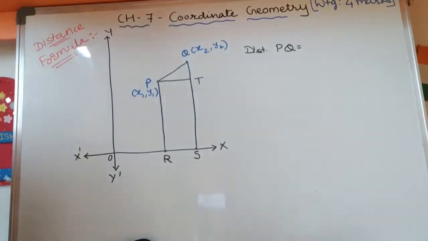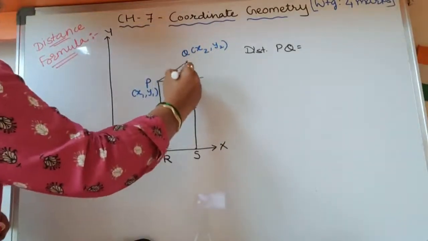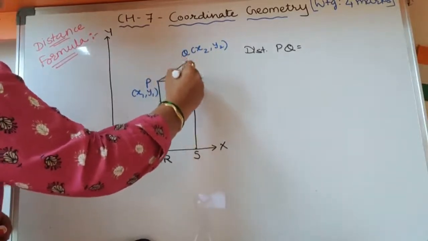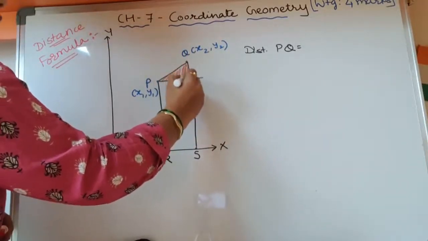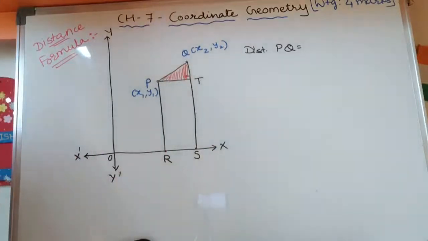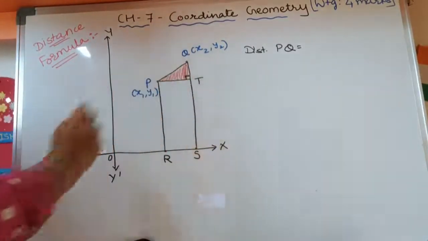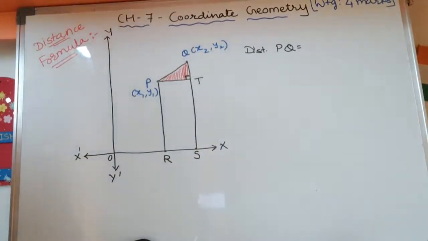Okay. Now, if you see this triangle, which type of triangle can you say it is? It is a right angle triangle, and therefore we can apply the Pythagoras theorem. So as you know, what is the Pythagoras theorem?